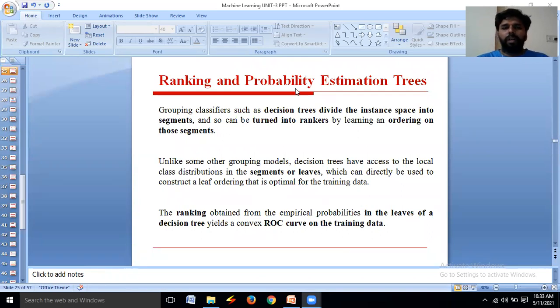Now, coming to the concept here, decision tree. What is a decision tree going to do? The decision tree is going to arrange the instance space containing instances into segments. Now I would like to explain this.